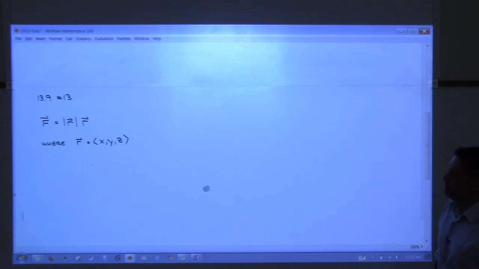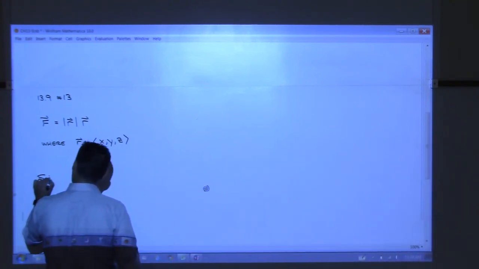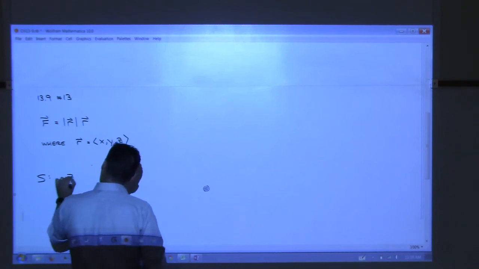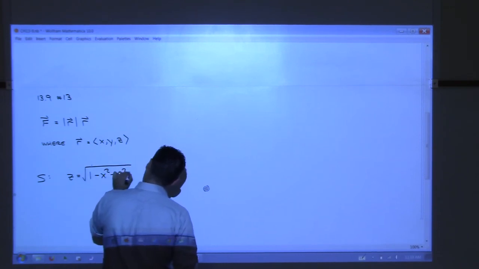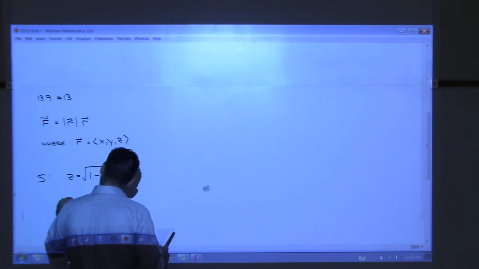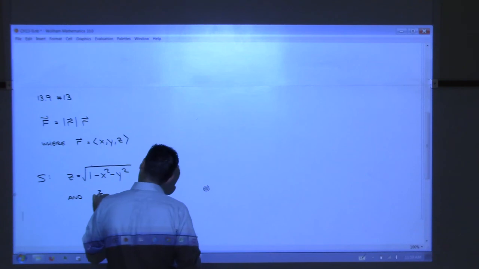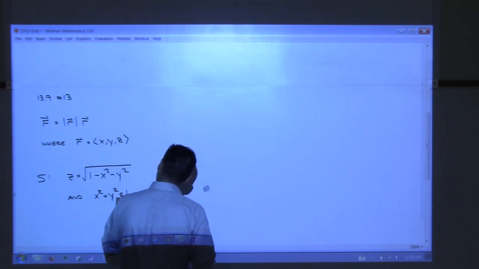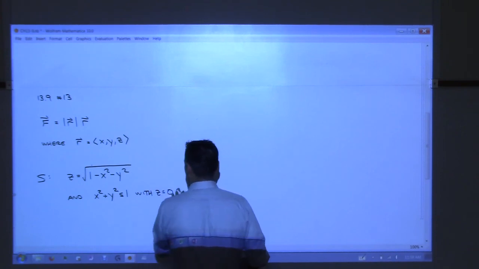What the heck is that? Well, let me give you the surface. The surface is the top half of the unit sphere, so it's the upper hemisphere, and then also the surface x squared plus y squared is less than or equal to 1 with z equals 0.